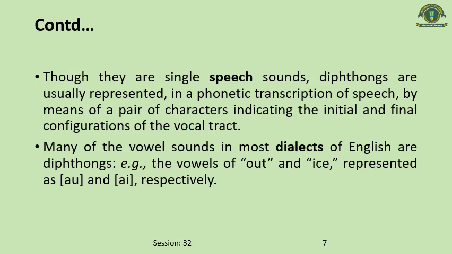They are indicating the initial and final configurations of the vocal tract. It is the configuration of the vocal tract we are talking about when we glide from one vowel to another. So what is the configuration of our vocal tract at that time? That's why two signs are together. But remember, each diphthong is a single speech sound. This is the point you must never forget.